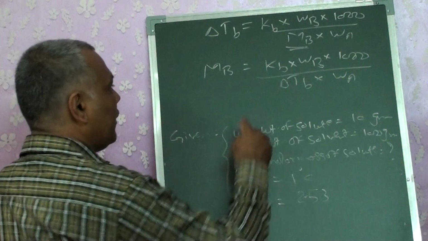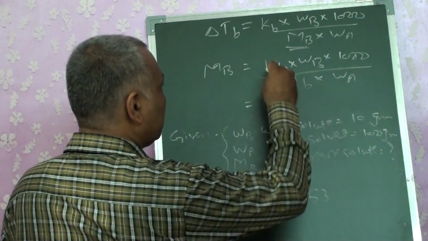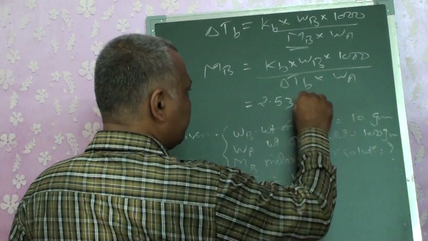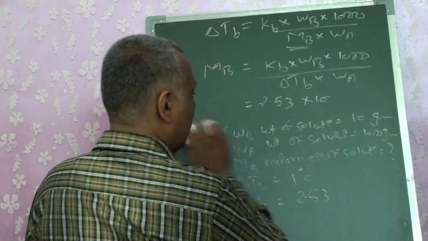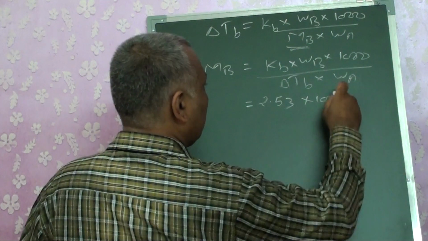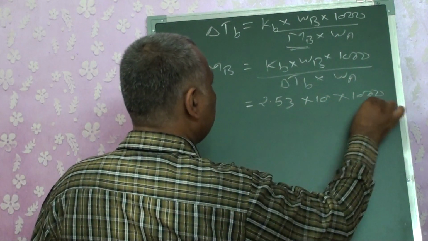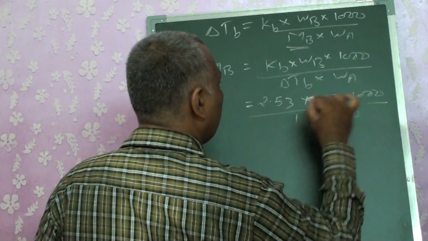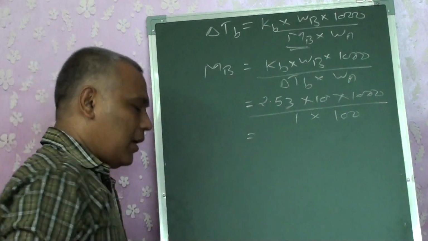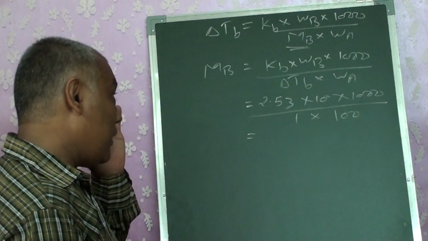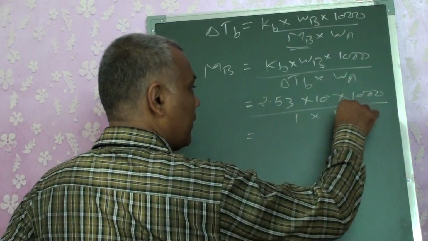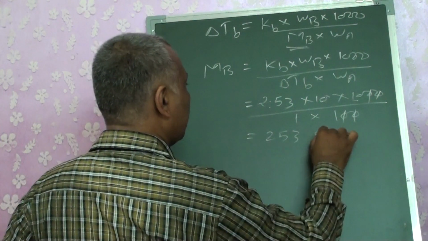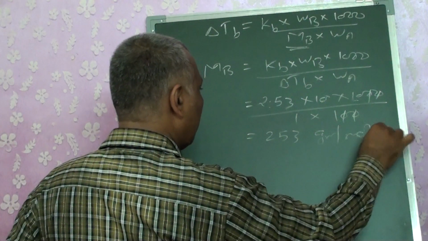Now substitute the values: Kb 2.53, Wb 10, 1000, delta Tb 1, Wa 100. If I make it as a calculation, it becomes much easier for me. Both these decimals will be cancelled out. So 253 gram per mole.